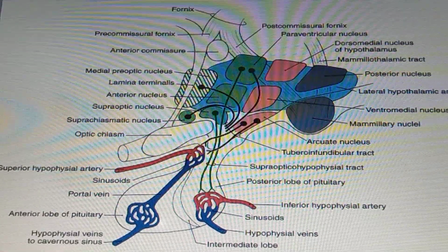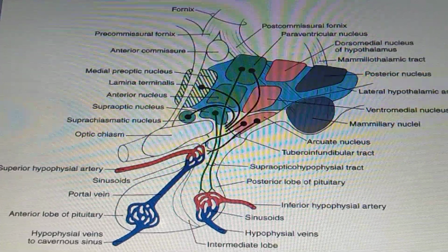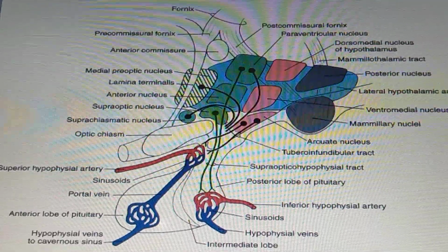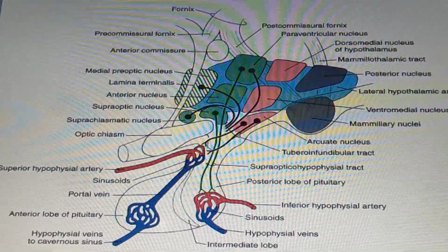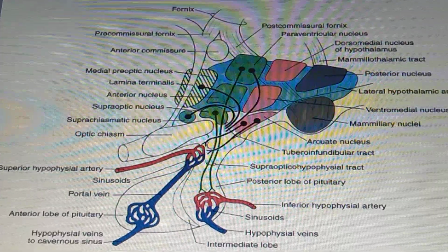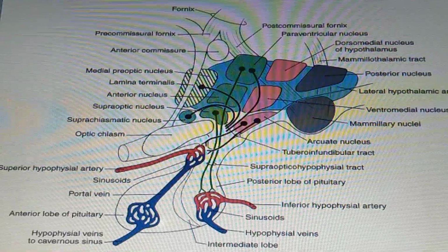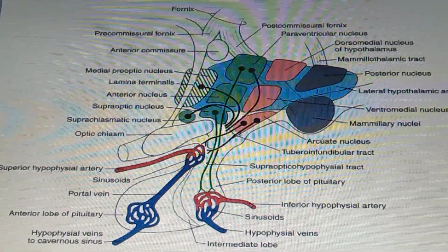Efferents: the supraoptic hypophyseal tract from the optic nuclei to the pars posterior, pars tuberalis and the pars intermedia of the hypophysis cerebri, that is the pituitary gland. The mammillothalamic tract, that you can already see in the diagram, and another is the mammillotegmental tract, that is the periventricular system of fibers.